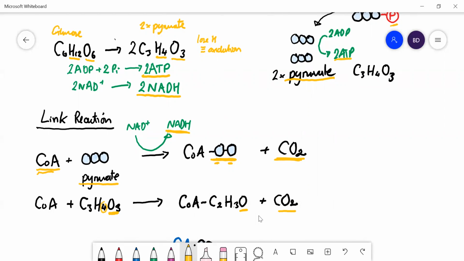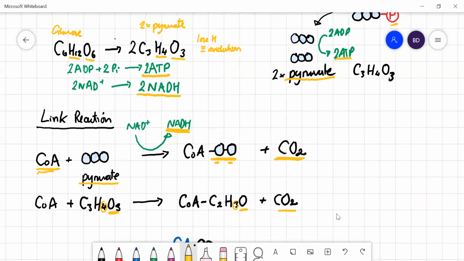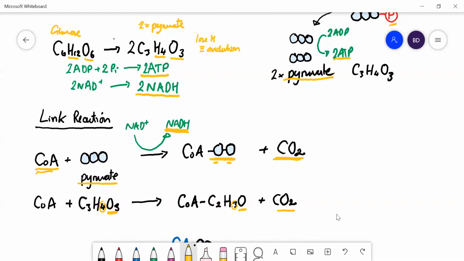Got 4 hydrogens there, you've only got 3 there. So it is oxidation. And the energy of that oxidation is trapped, not wasted as heat, but trapped in NADH. Now, this coenzyme A, this is called acetyl-CoA, this stuff here.